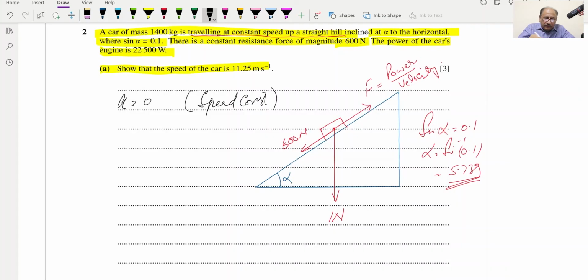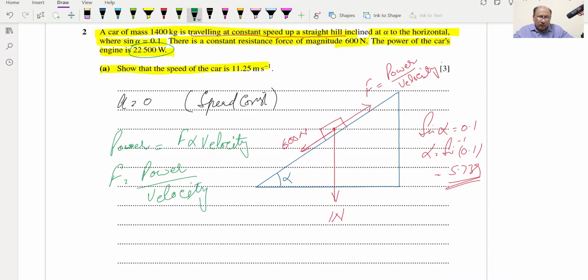The relation we know, power is equal to force into velocity. So this means F will be equal to power over velocity.